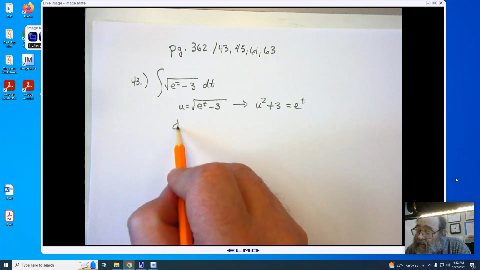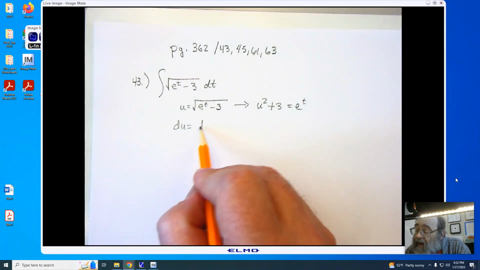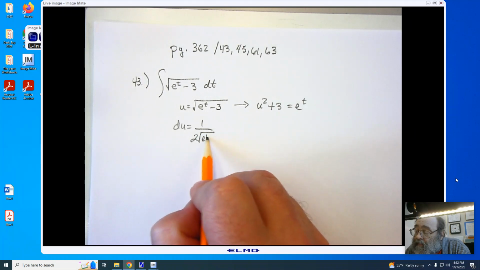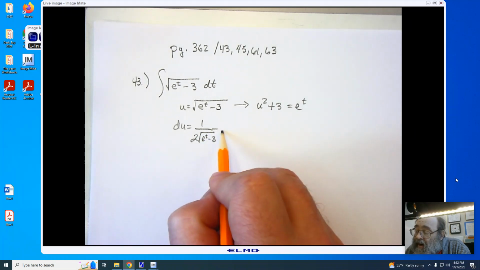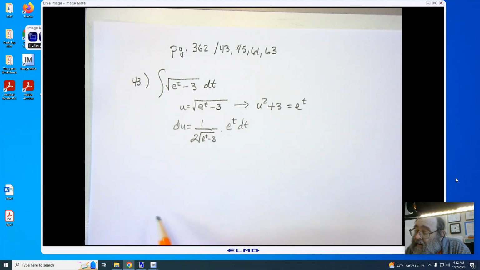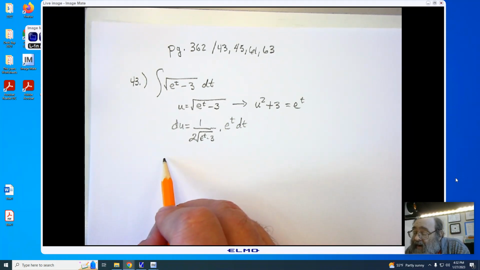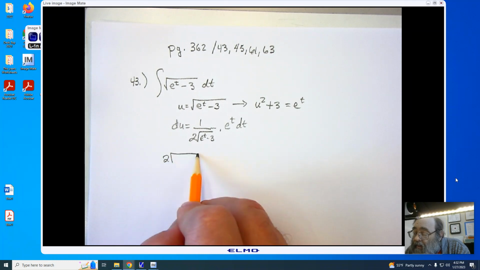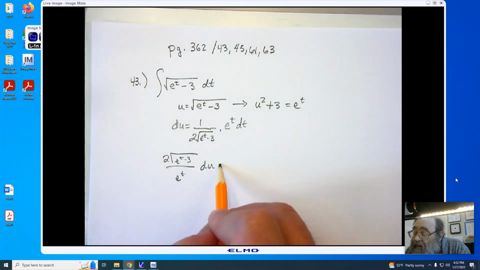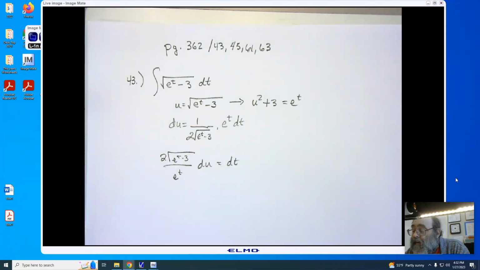If I find my du, I'm looking at 1/2 square root e to the t minus 3 times the derivative of the inside piece, e to the t, dt, and therefore I then have 2 square root e to the t minus 3 divided by e to the t, du is equal to the dt.